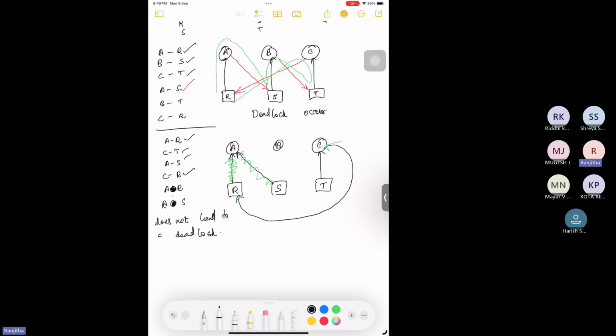Now the question here is: is deadlock important? Do we need to handle it? If we can handle it, what are the ways to handle it? Deadlock is important because if the system gets into a deadlock scenario, then nothing will move, right? Have you ever observed your laptop hanging, like you have 10, 15 browsers opened and you have not rebooted or shut down your laptop for a couple of days or weeks?